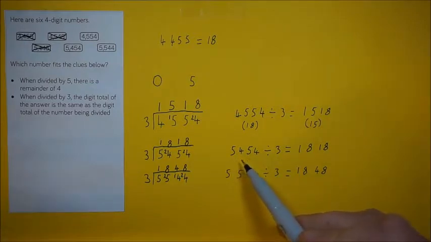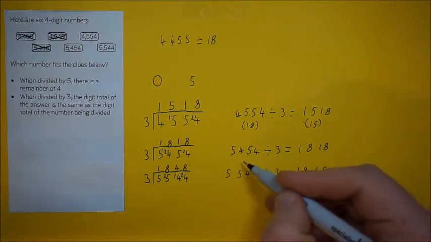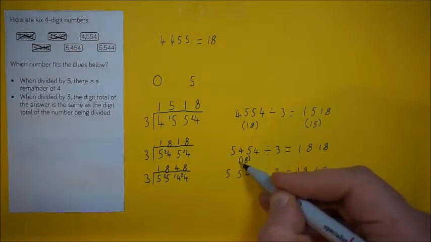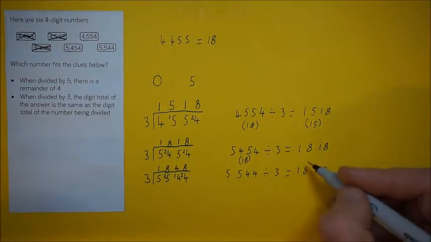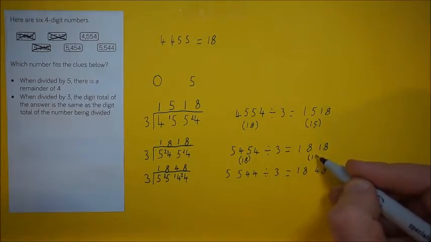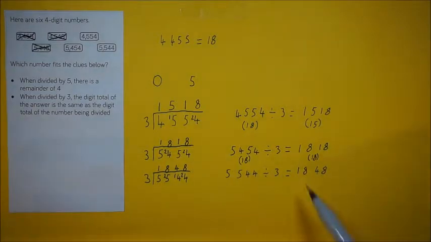I've got 5, 5, 4 and 4, so that's 18 again. So if I add the digits in that one together, it's 18. And in this one, I've got 1 and 1 is 2, so that's 10, plus 8 is 18. So the digits of this number add to 18. So they are equal.